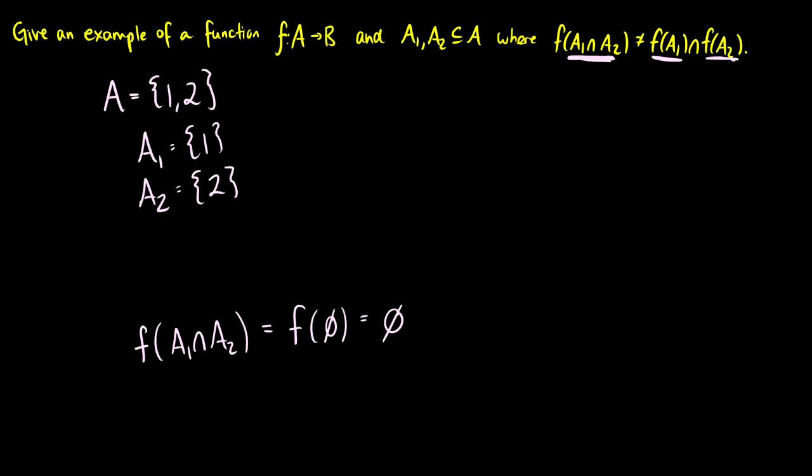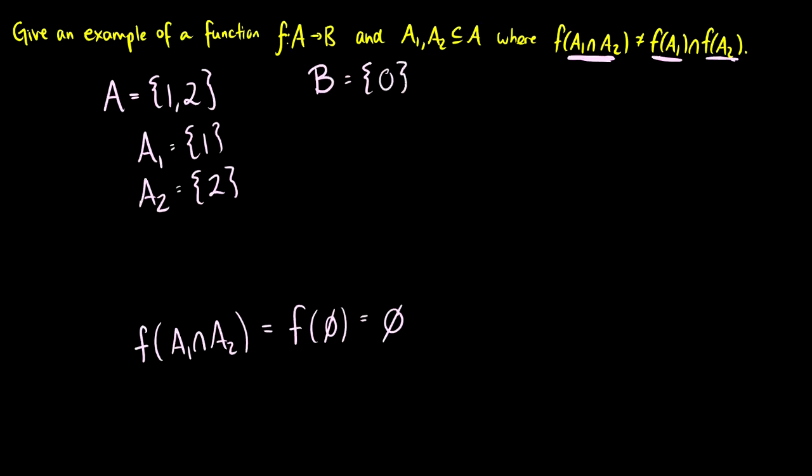So now we also need to figure out what f of A1 and f of A2 are. So we need our codomain B, and what would be nice is if we could get 1 and 2 to map to the same thing. So we're going to say that B is just {3}.